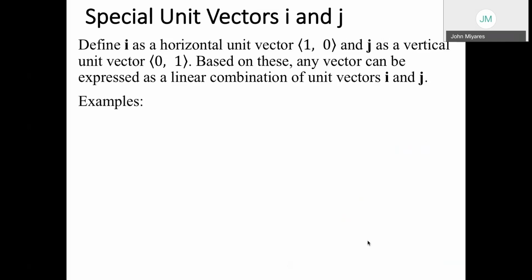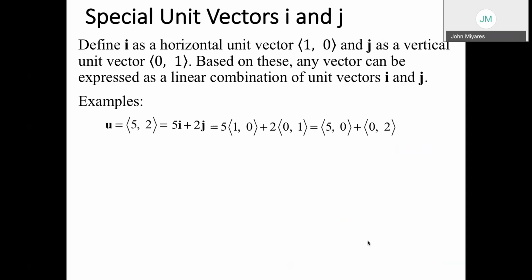Well, what does that mean? Let's look at a few examples. If I was given the vector ⟨5, 2⟩, which has horizontal component 5 and vertical component 2, we can write this vector as 5i + 2j, because vector i, being the vector ⟨1, 0⟩, will give you ⟨5, 0⟩ after you multiply 5 by i.